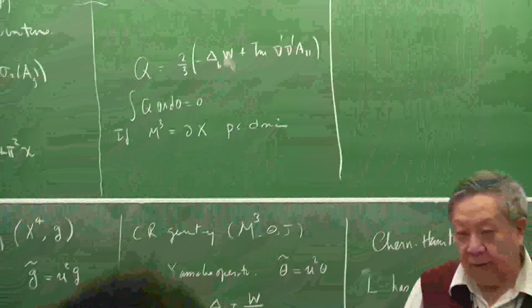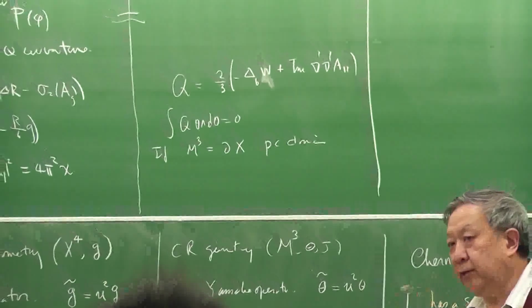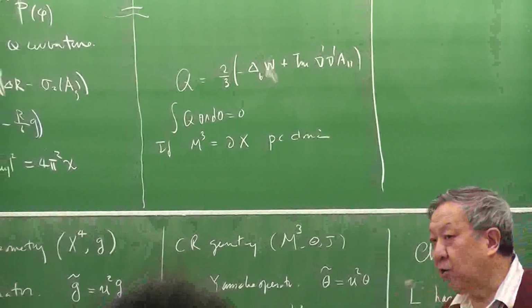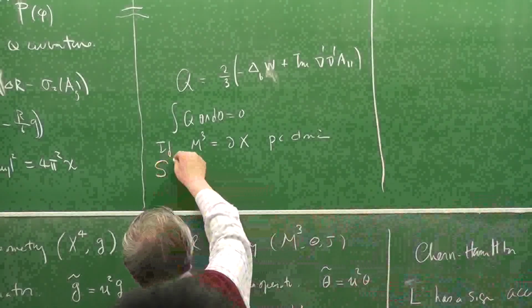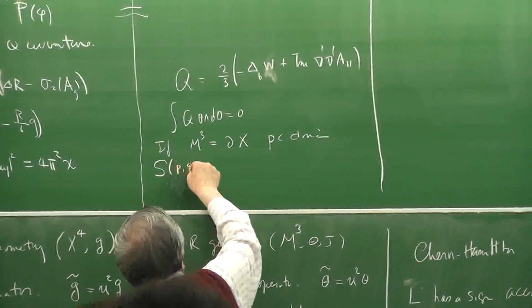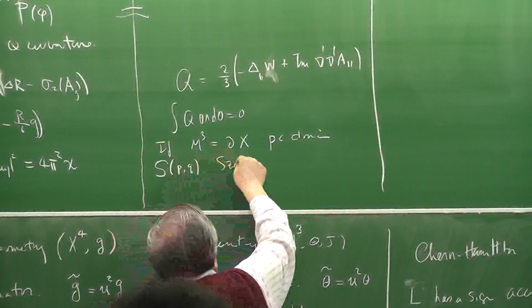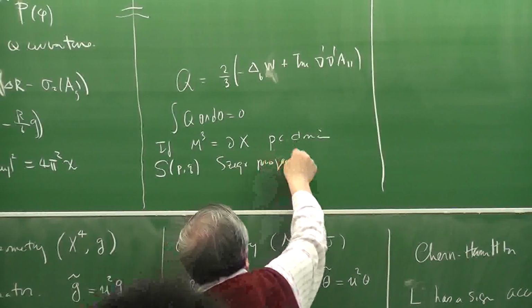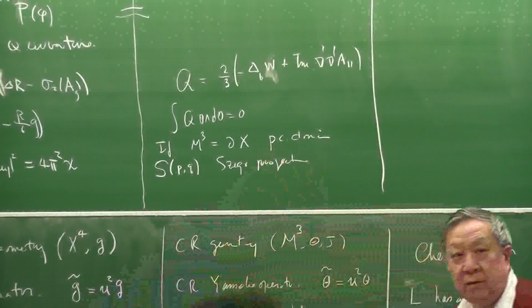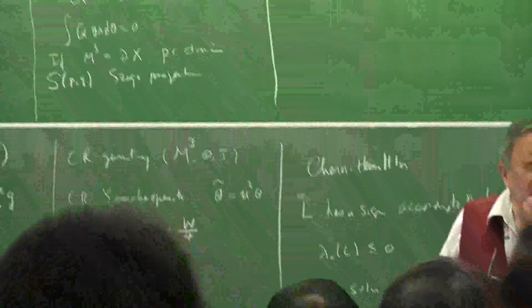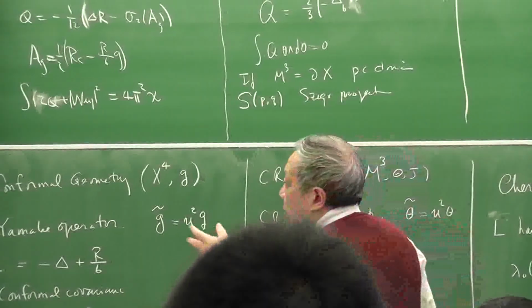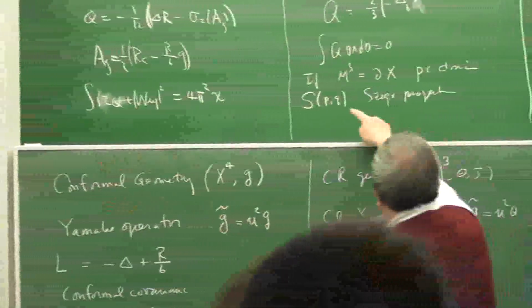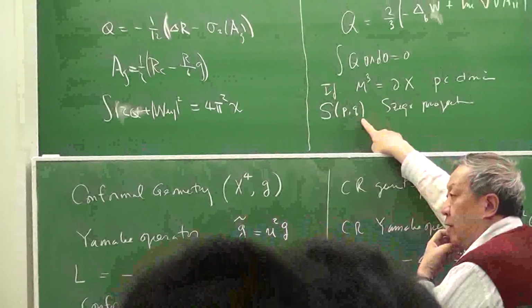Then that domain has L2 holomorphic functions. And L2 holomorphic functions have trace on the boundary. So I have the Szego projection. So this is an analysis, complex analysis of a pseudo-convex domain. And then the famous work of Fefferman and Boutet de Monvel-Sjostrand says that the Szego kernel has an asymptotic expansion.